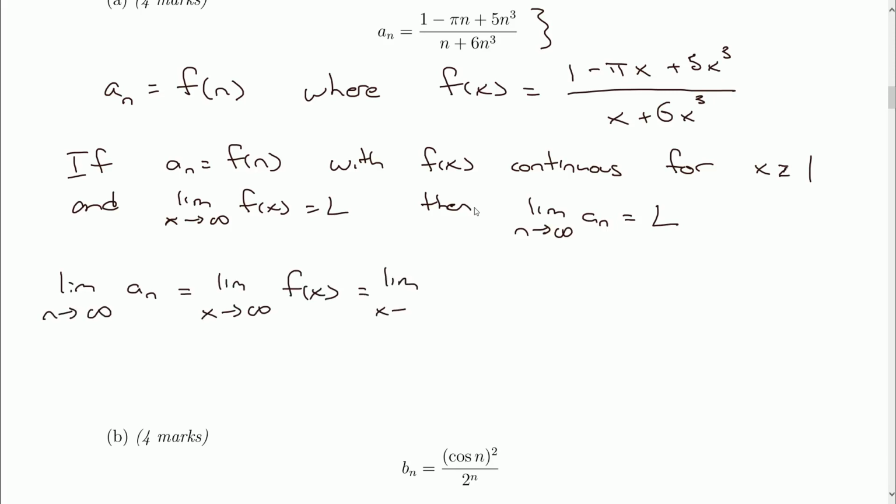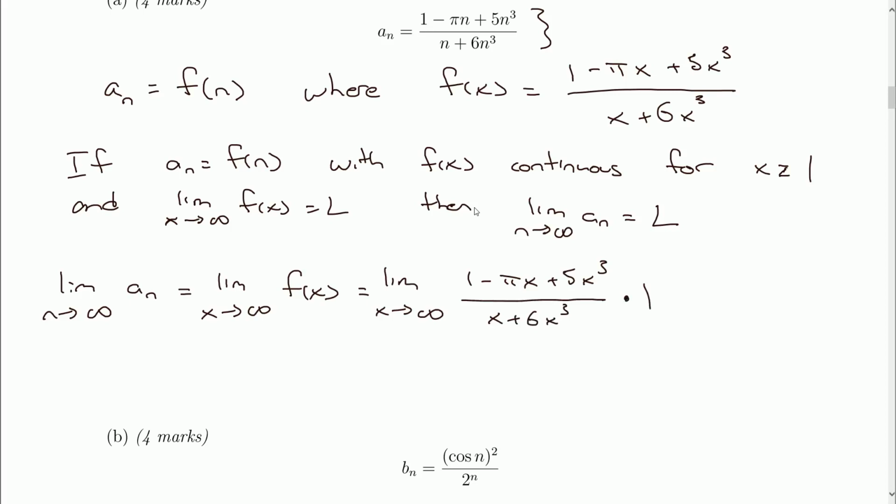And this is going to be the limit of 1 minus pi x plus 5x cubed over x plus 6x cubed. Now, we could say, hey, this is Calc 2, and the only way I get into this class is by passing Calc 1, and this is a common limit in Calc 1, so we could just jump to the answer, but I figure, why not show a little bit more work?